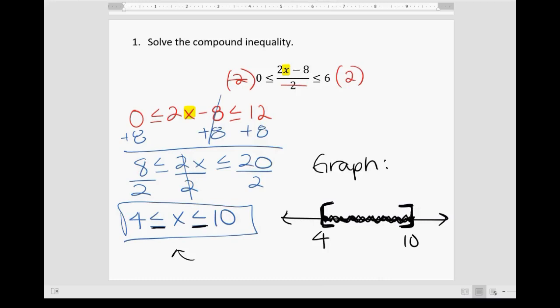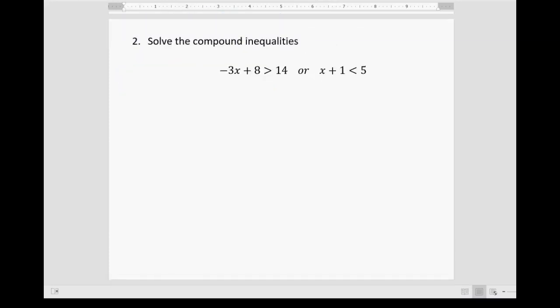Okay, so that's number 1. Solve the compound inequality. Let's look at number 2. We're going to solve another compound inequality with OR. So we're going to solve each individually first. For the first one, I have negative 3x plus 8 is greater than 14. So I'm going to start by subtracting 8 on both sides.